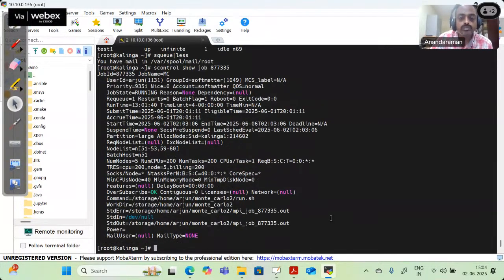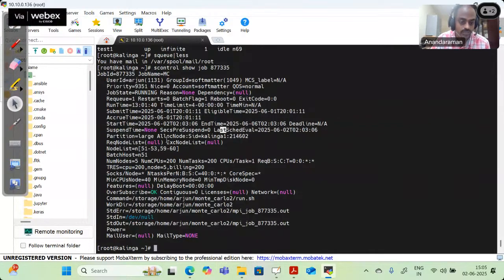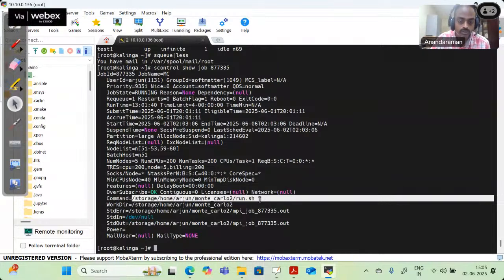This is the job information: the priority assigned, who submitted it, when it was submitted, when it became eligible for execution, when it started execution, when it will be scheduled. All this information, and which nodes. In total it is running on 200 CPUs. Also the command: what command did he use to submit this job? He used this script to submit it.